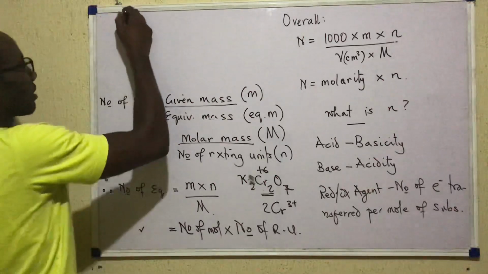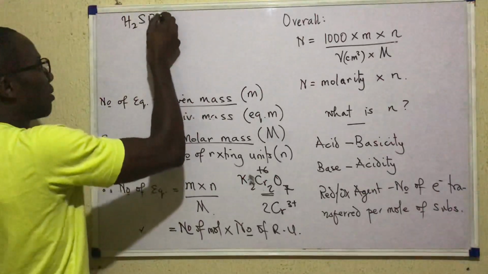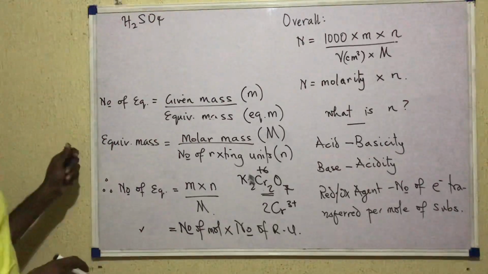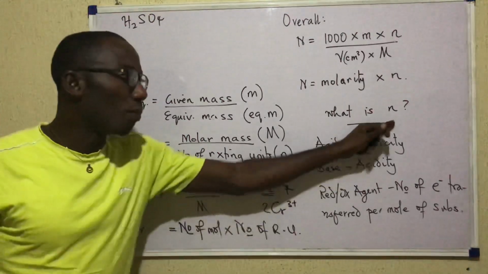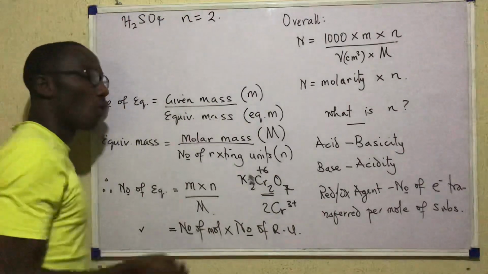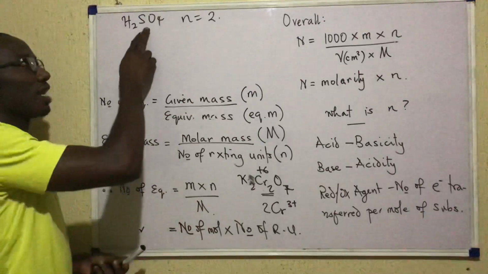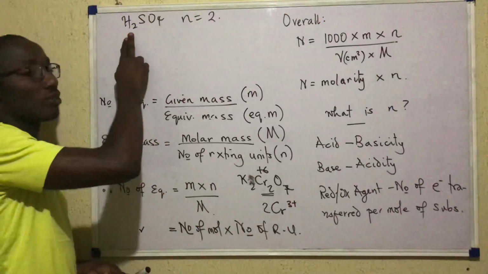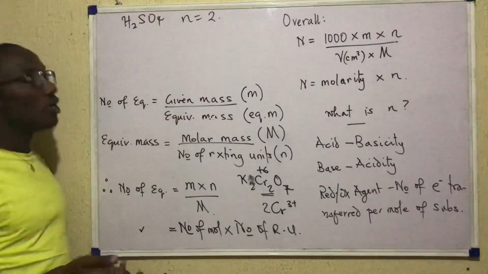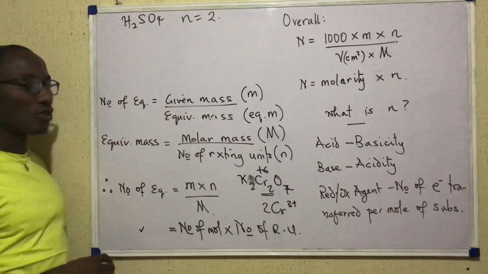Let's say we pick H2SO4, which I mentioned earlier. If somebody asked us its number of reacting units, we'll say it is 2. Why 2? Because it's an acid and its basicity is 2, and basicity is the number of reacting units for an acid.